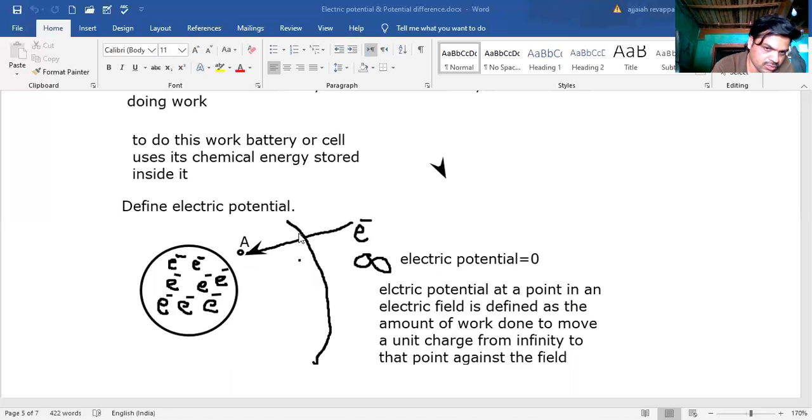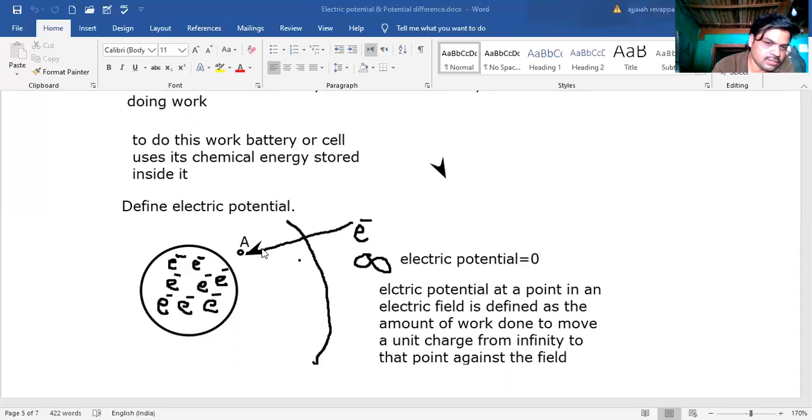But once the electron has been brought into the electric field, the electron starts experiencing the force of repulsion, because there is an electron cloud. Like charges repel the electron. So now I have to do a lot of work to push the electron from here to here.